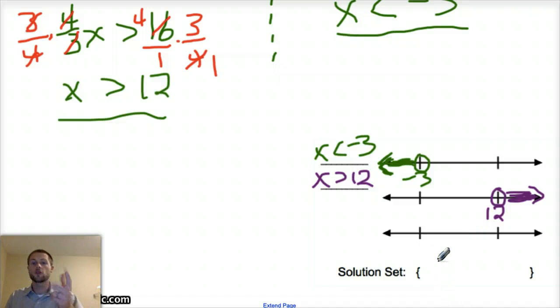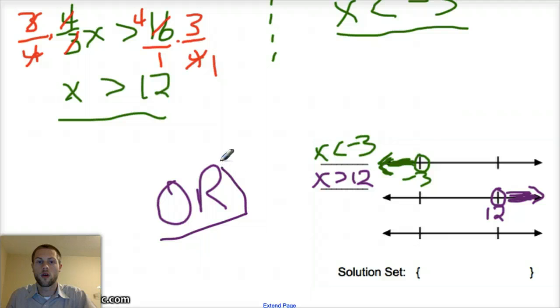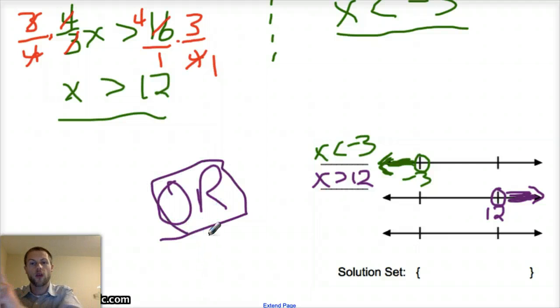For my final solution set, when I'm graphing this, remember this is an OR inequality. So if I'm dragging my pen across the number lines here for both of these simple inequalities to find my solution set for the compound inequality, I'm going to look for wherever my pen crosses any line.